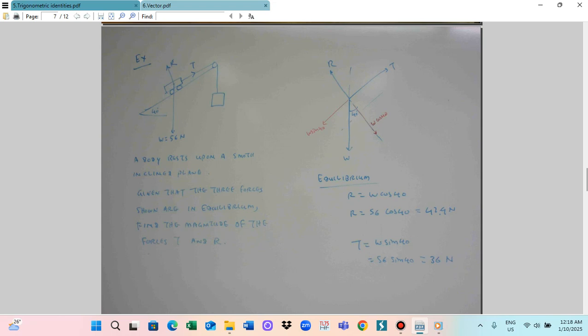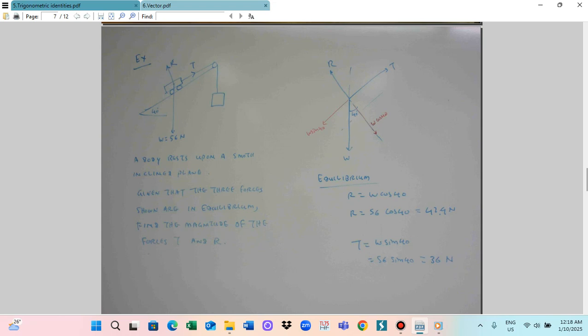Coordinate geometry means that on a number plane we can allocate the numbers. So this is X, this is Y. This direction is positive, and this direction is negative. Vertically upward is positive and downward is negative.